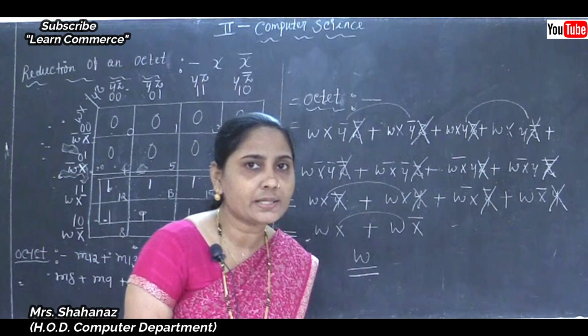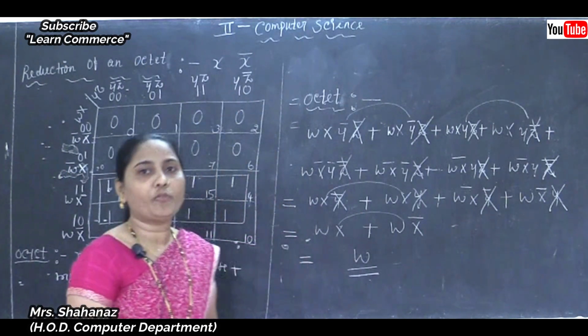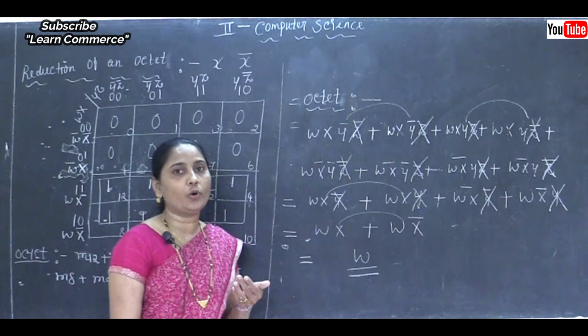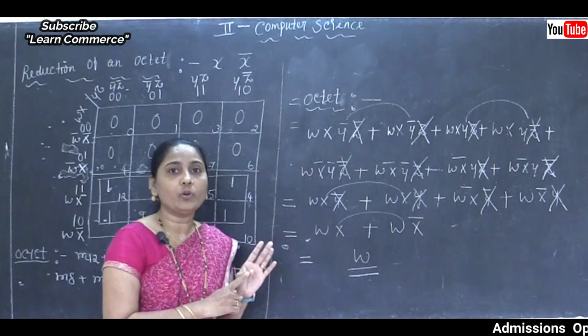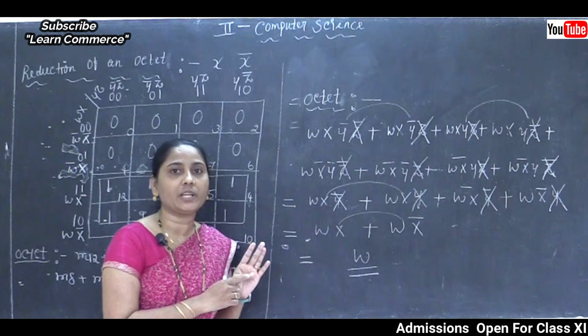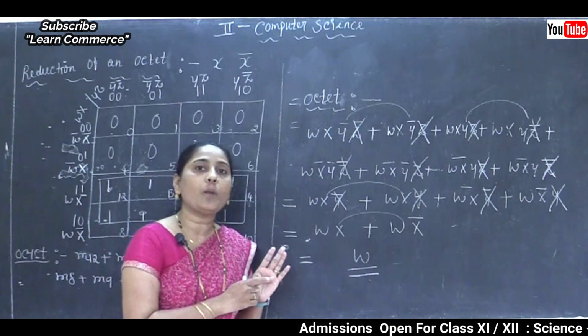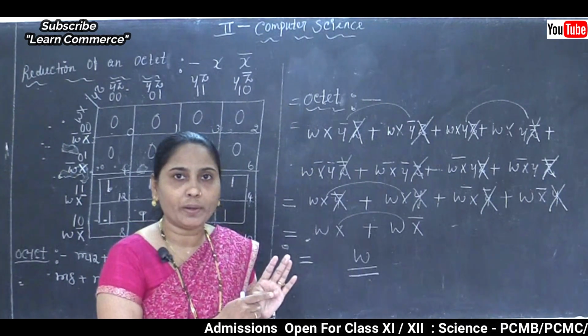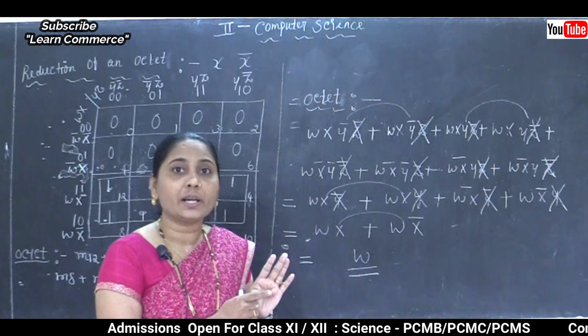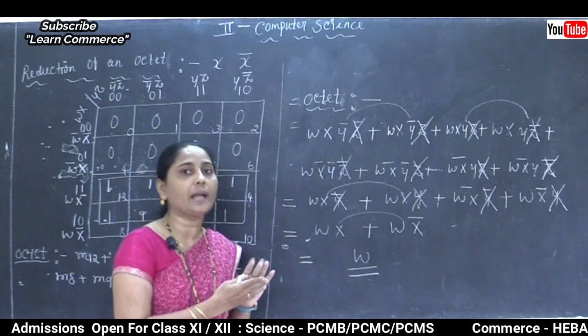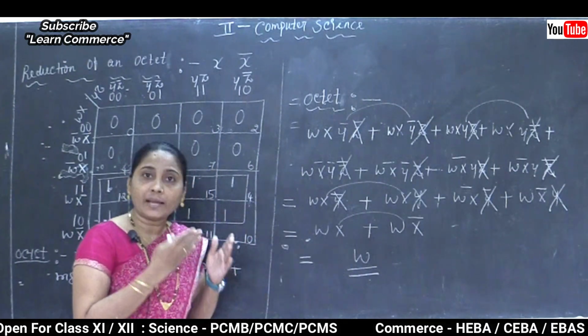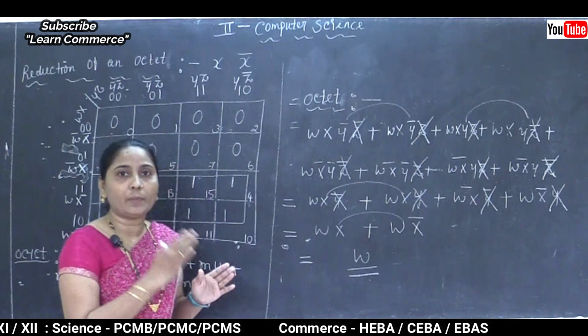So I already spoke about the note of an octet. What I said in the note of an octet is that we remove the variables which change their state, that is from complemented to uncomplemented. An octet removes how many variables? We know that an octet removes 3 variables only, correct?